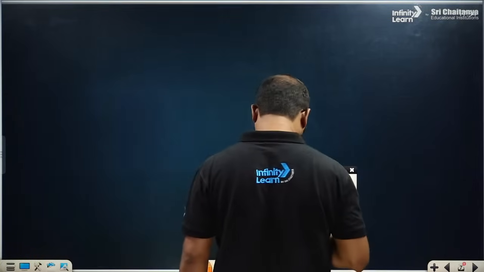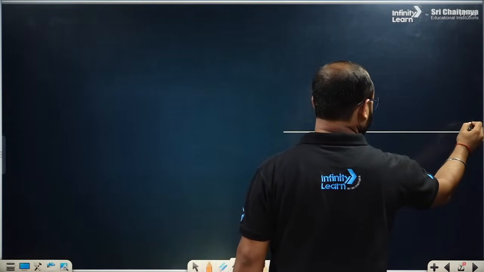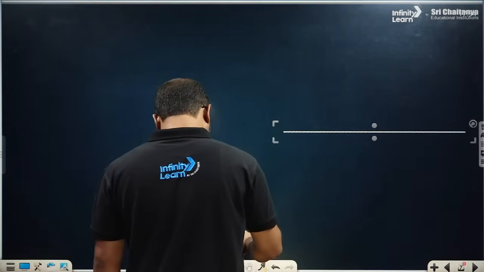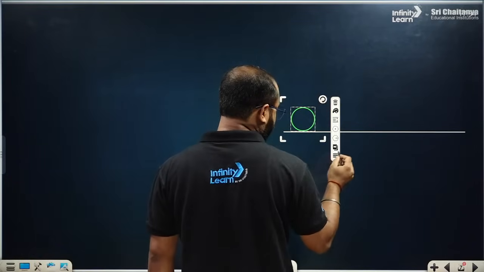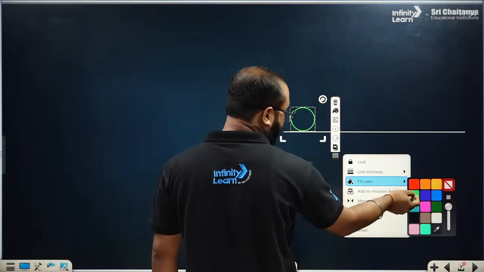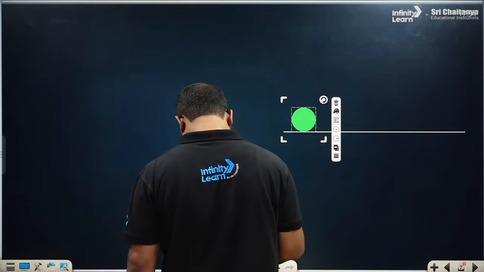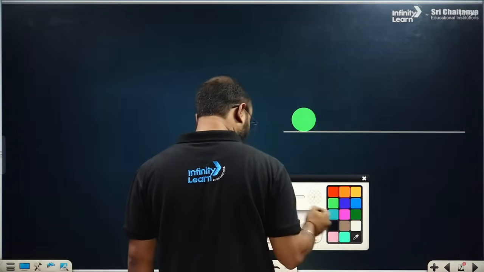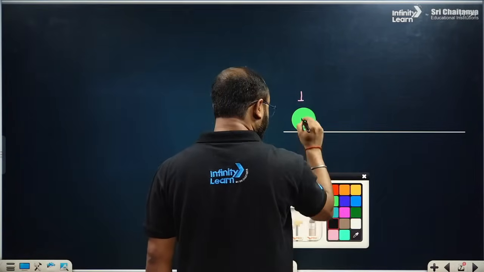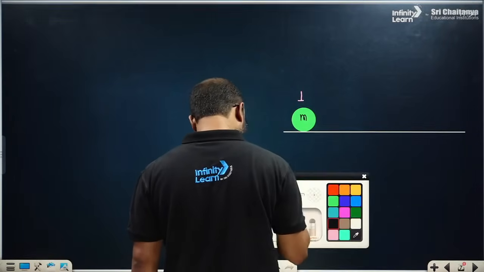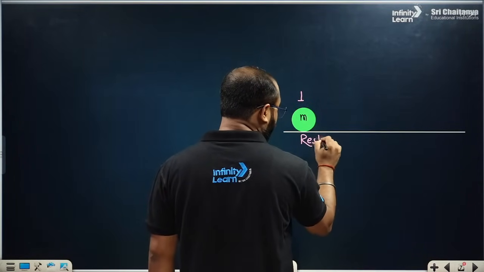A very simple example, everyone. Let us suppose there is a body like this, having a mass m. The first condition is that the body is completely at rest.